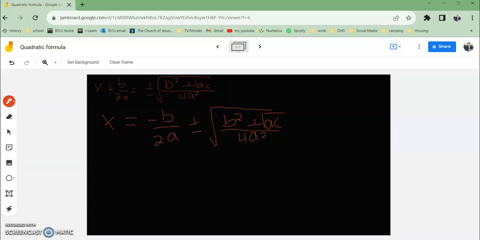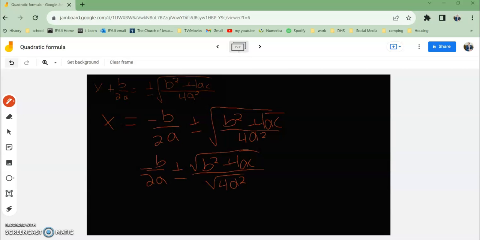Okay, so now what we have with this, we know if we have a square root of a fraction, say 2 over 3, we can say that's the same thing as square root of 2 over the square root of 3. And so now we have negative b over 2a plus or minus the square root of b squared minus 4ac all over the square root of 4a squared.